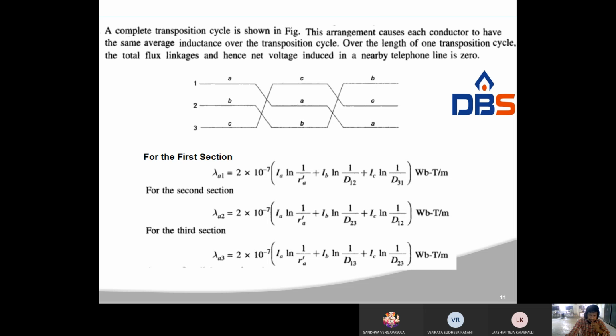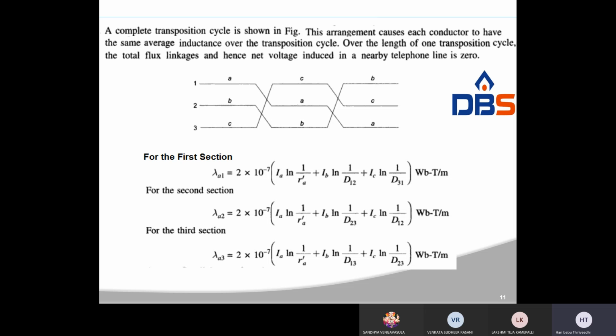Because here the second position is A, but in the first, look carefully: for the first position, A is at the top, followed by the remaining 2 conductors. That's why IA ln 1 by RA dash, IB ln 1 by D12, IC ln 1 by D13 or D31.